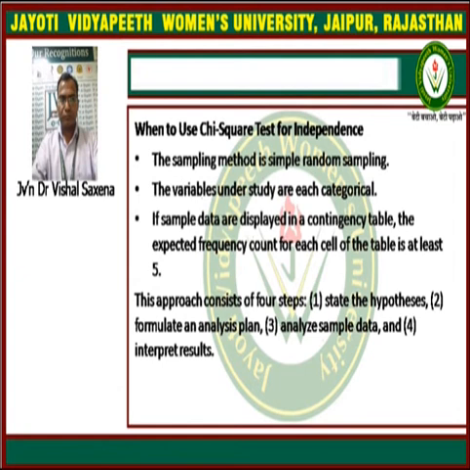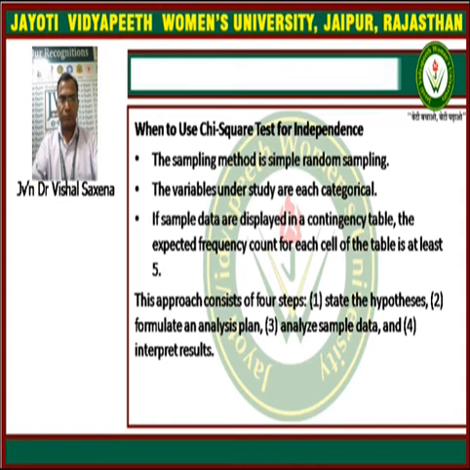Now, when to use the chi-square test for independence? What are the conditions for using it? The first condition is that it is applicable when simple random sampling is the sampling method. Second, the variables under study are each categorical.